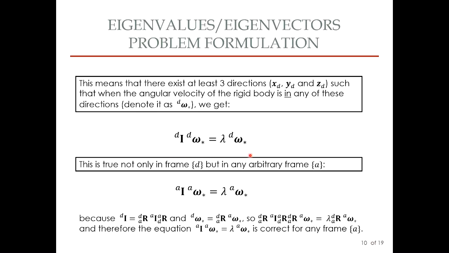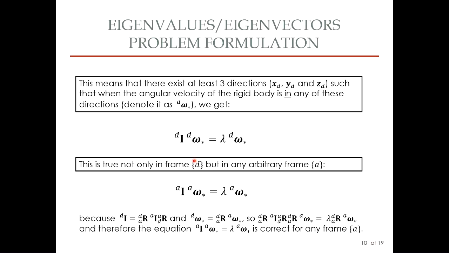So summing up again, this equation is something that I expect to happen when I find my diagonal matrix I, where this omega is the absolute angular velocity of the rigid body, hypothetically directed in either xd direction, yd direction, or zd direction.